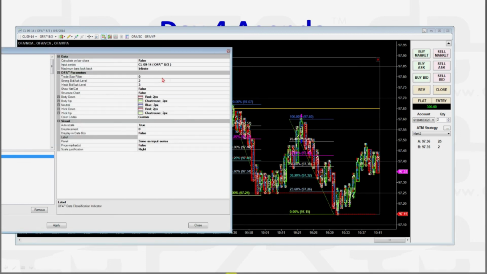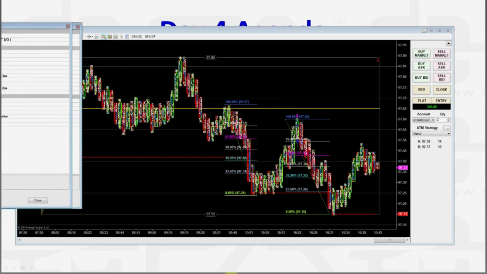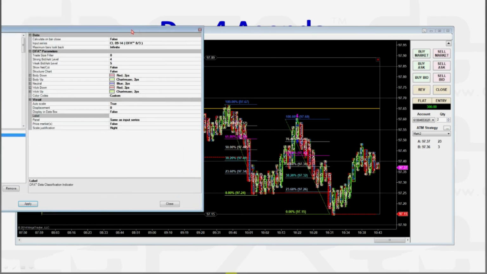My ninja settings, and this is one actually where I would recommend taking this up to 4 and 5. And you know what I'm interested in seeing is if I take that to 4 and 5, well, I can't do it. I'd have to go back and do replay.